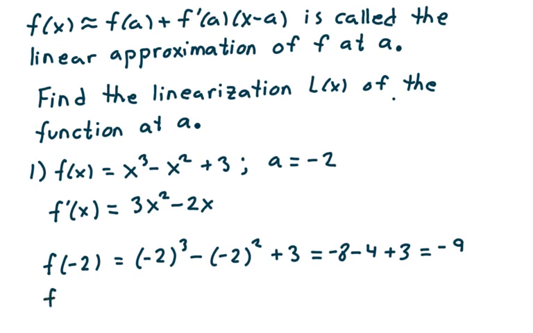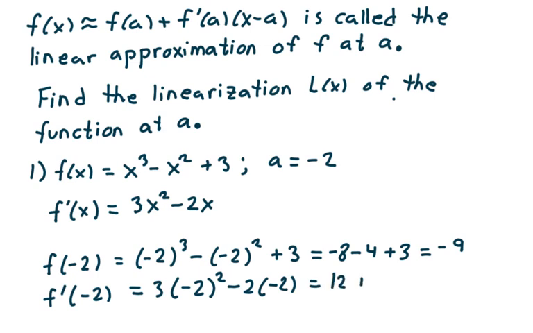And then if I take f prime of negative 2, I need to know what that is as well. That's going to be 3 times negative 2 raised to the second minus 2 times negative 2. But that's going to be 12 plus 4, which is equal to 16.